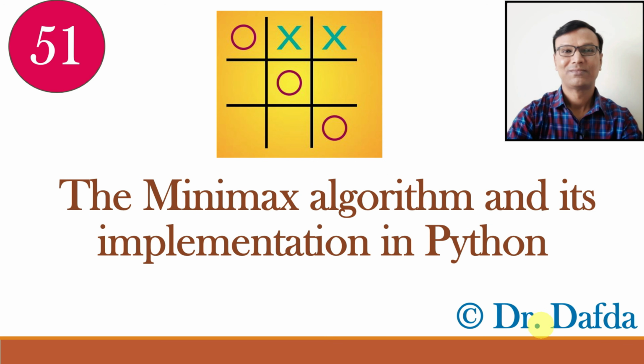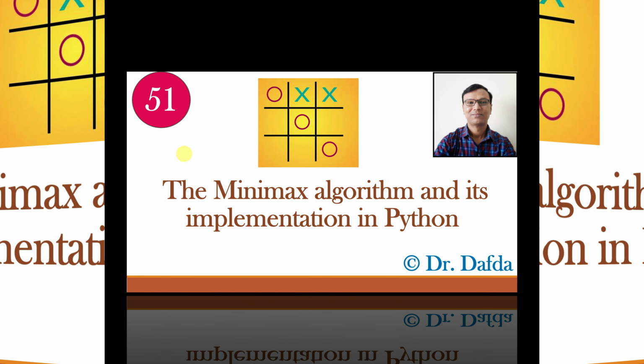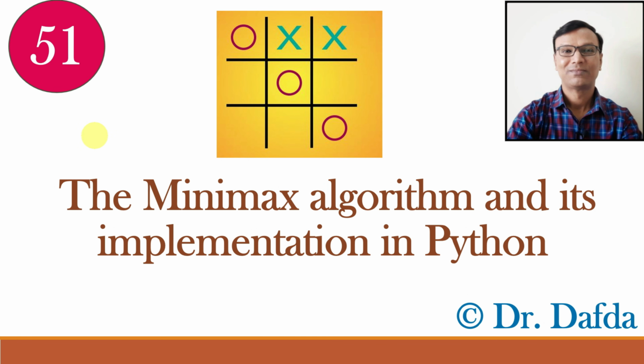I am Dr. Dafda, and in this 51st video class of AI/ML, we will learn the Minimax algorithm and we will also see its implementation in Python. In our previous two videos, we understood adversarial search and the game theory in adversarial search. We learned that in a competitive game, there are two or more players with conflicting goals.